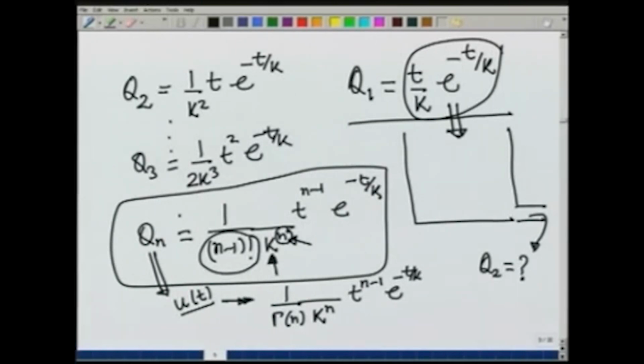So, in order to make it valid for non-integer n values, we replace factorial n minus 1 by gamma n and say that this would be valid now for any non-integer value of n also.